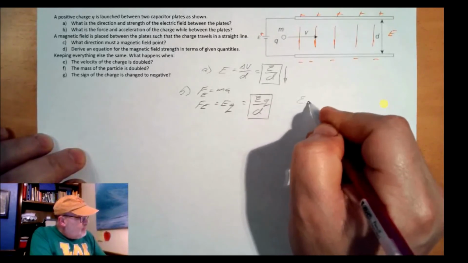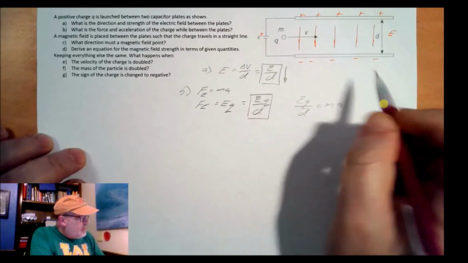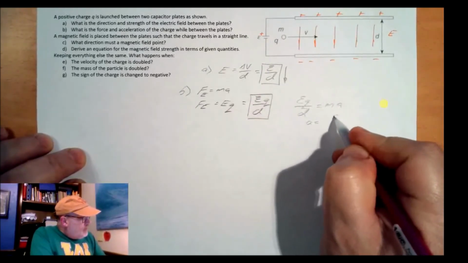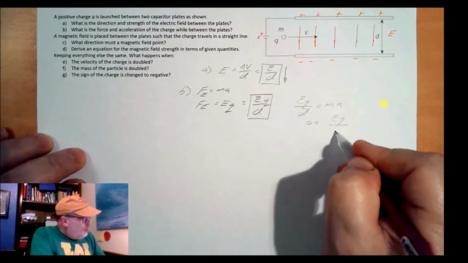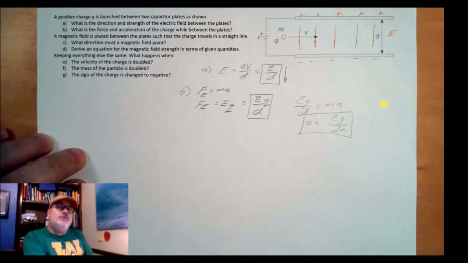So we got EMF Q over D, which is our electric force, equals MA, and the mass is M. So our acceleration is just going to be EMF Q over D with an M in the denominator as well. So that will be the acceleration of the charge as it moves through the plates due to the electric field.